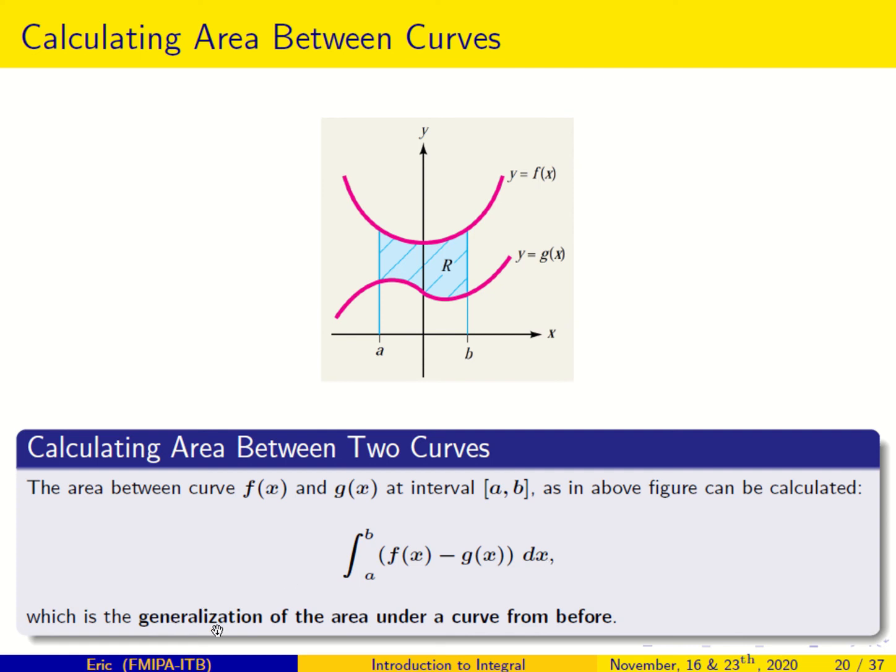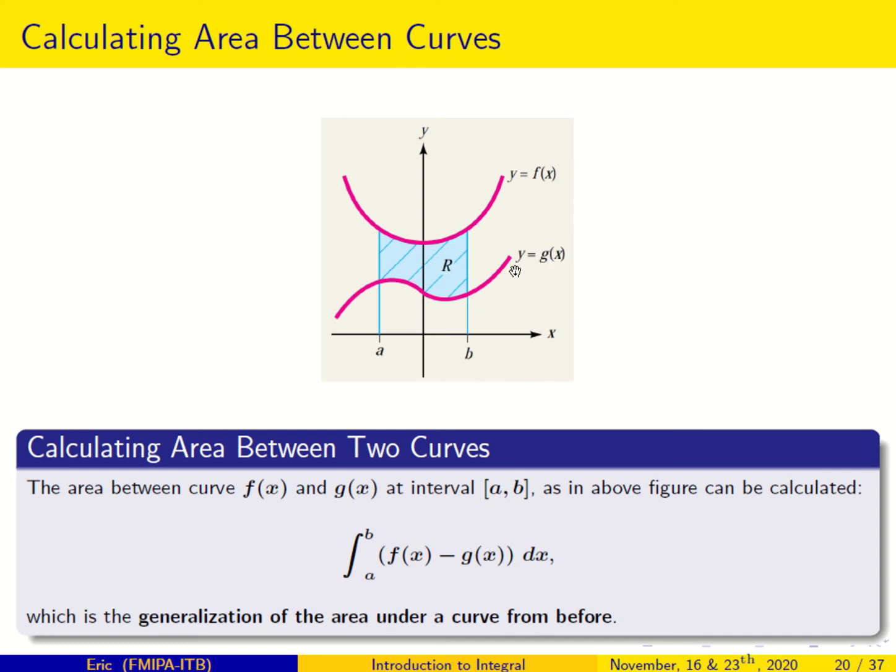This is just a generalization of the area under a curve from before. Don't forget, if we want to find the area under curve y equals f(x) and above the x-axis, from interval a to b, you have the integral of f(x) dx from a to b. That is just the integral of f(x) minus 0. So g(x) should be 0.